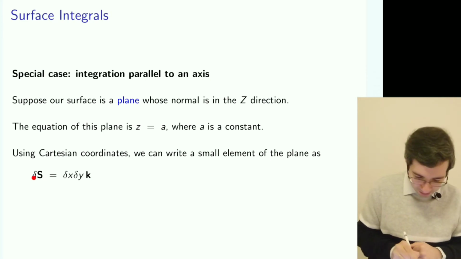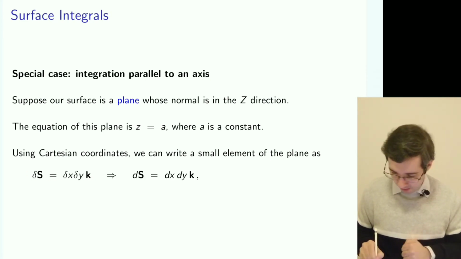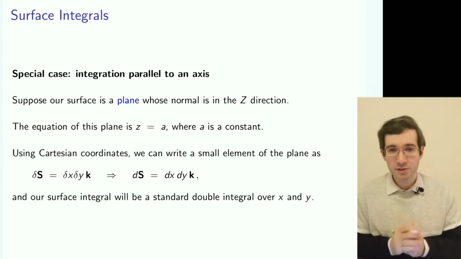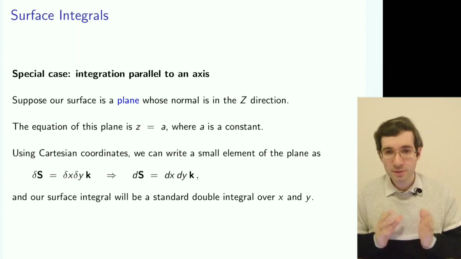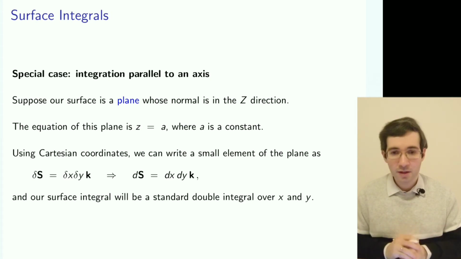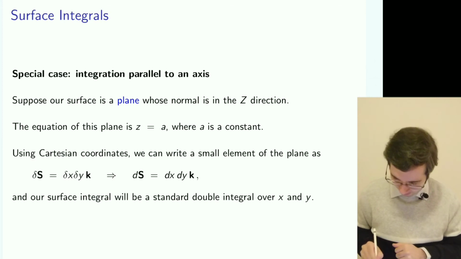So we have that expression for the element of the surface, or if we take the limit, that brings us to just the standard double integral with respect to x and y. So that will just reduce to the standard double integral, and there is no surface integral left. So this is the simplest possible case.